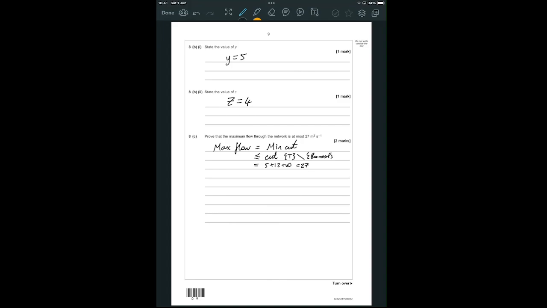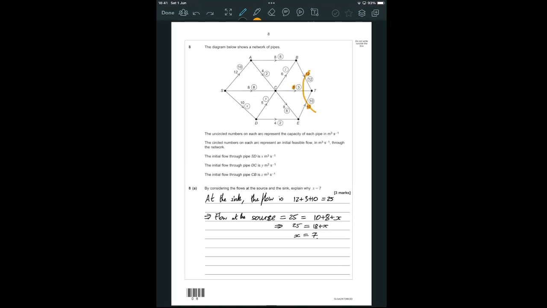So the maximum flow is less than or equal to 27. It didn't want us to show it was 27, it was only at most.